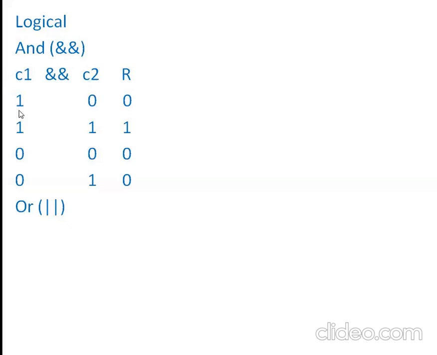You make a table for OR like C1, C2 and R. Use the OR symbol instead of the AND symbol, and you put the values for C1 and C2 as it is in the AND operator, and the R value you get, assume and write yourself. Yes, sir. Yeah, like that in copy.